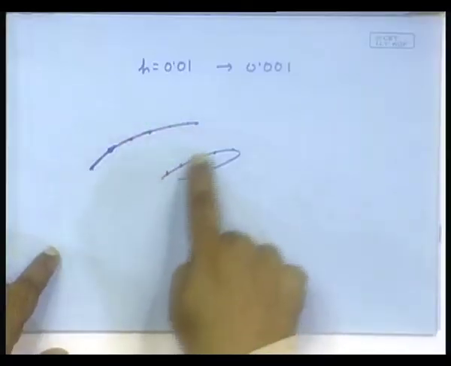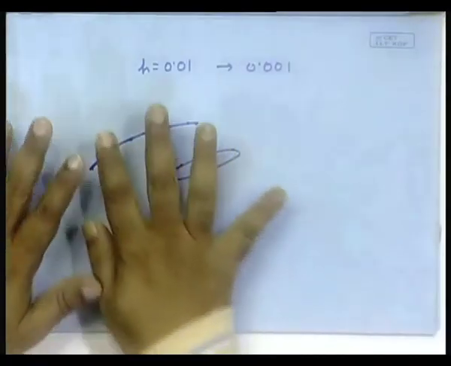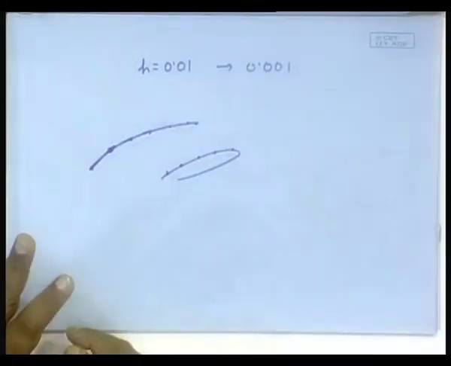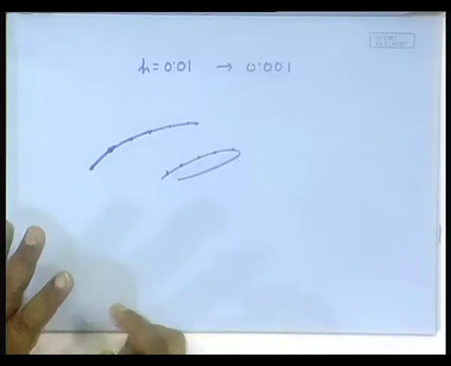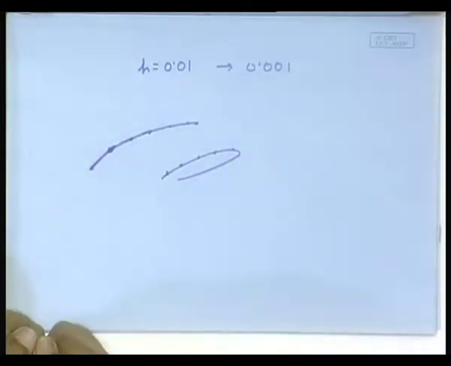If you try to capture the oscillations, the program will be horribly slow and you will not be able to proceed much. It may so happen that some system is more or less smoothly proceeding, so that you are happy, but at some point it takes a turn. While it is smoothly proceeding like this, you never know that it is going to encounter a turn. So, something has to be built into the routine program, so that you can find out that yes, I am encountering a problem, so I need to reduce my step size.